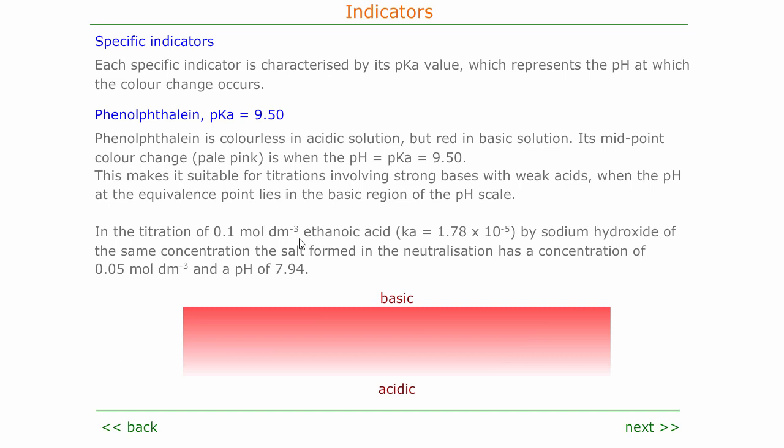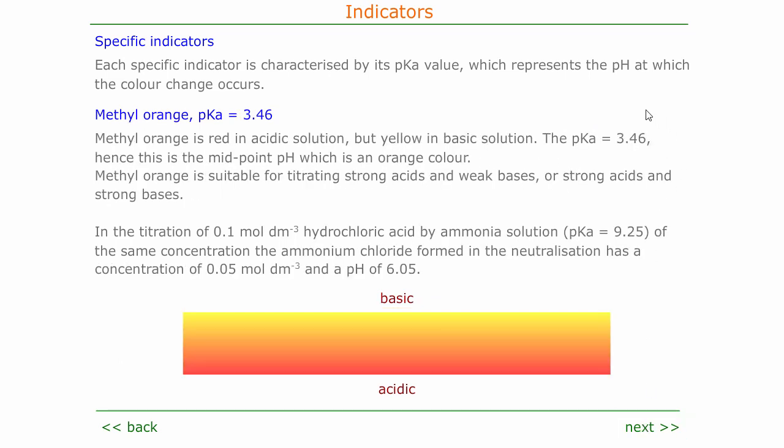And this makes it suitable for titrations which involve strong bases and weak acids. Okay, so the midpoint will appear when the pH is at 9.5. So strong base, weak acid, the point of inflection on our curve is in the alkaline range of the pH scale.